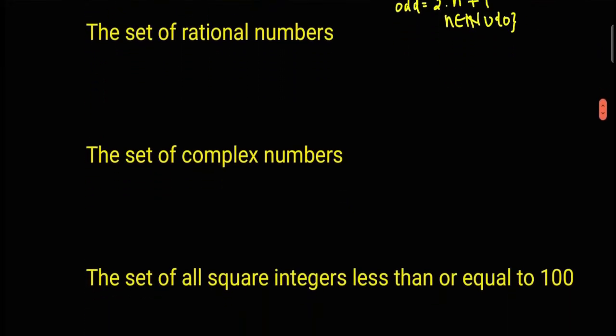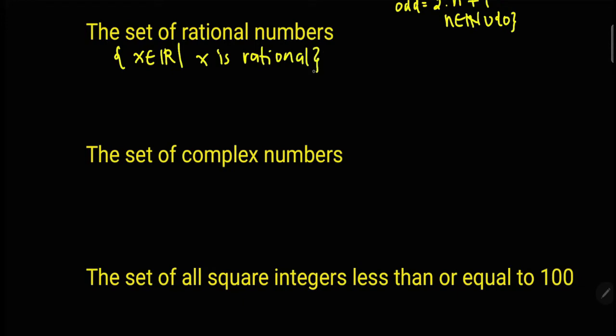How do we write the set of rational numbers in set builder notation? So simply we can write it as x is a real number such that x is rational. But of course, a more elegant way to write this is to identify the formula for the elements of the rational numbers.